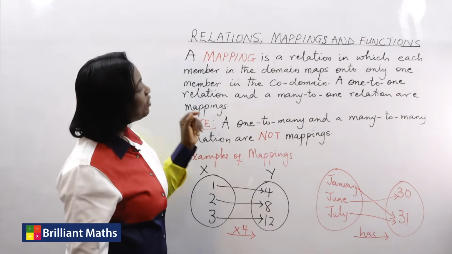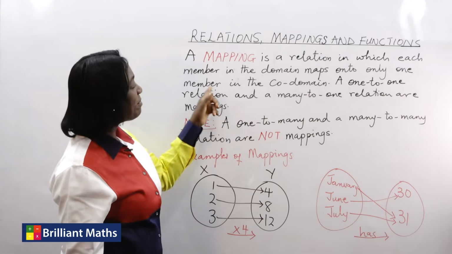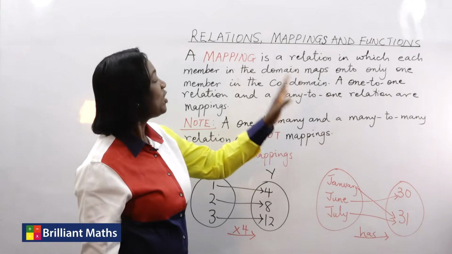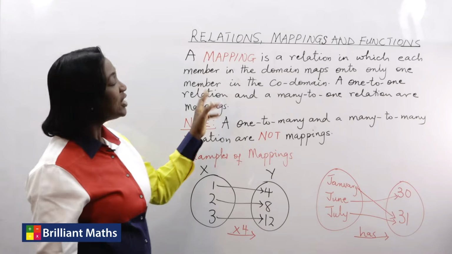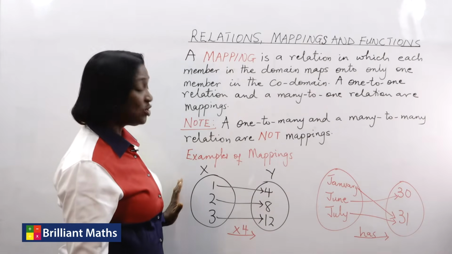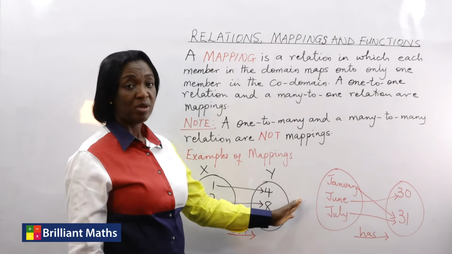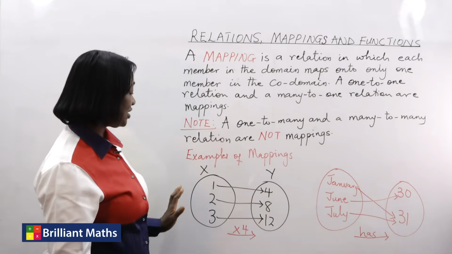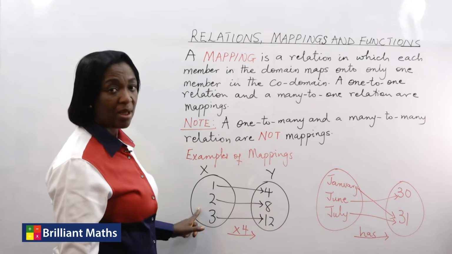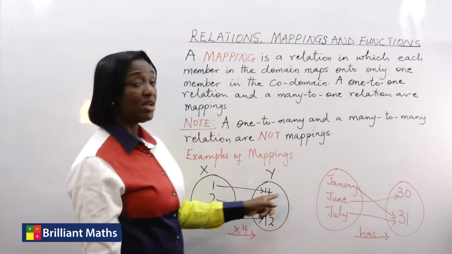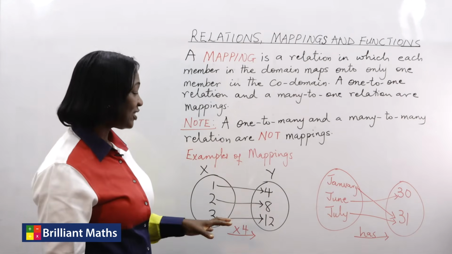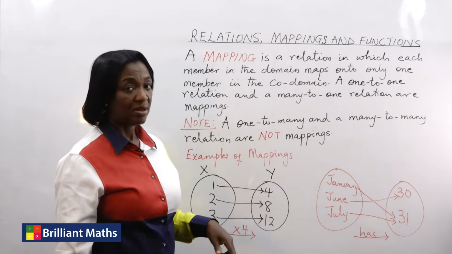A mapping is a relation in which each member in the domain maps onto only one member in the codomain. The first set is the domain, and the second set is the codomain. So what that means is that each element in the domain has only one image in the codomain. So when you have that, then it is a mapping.